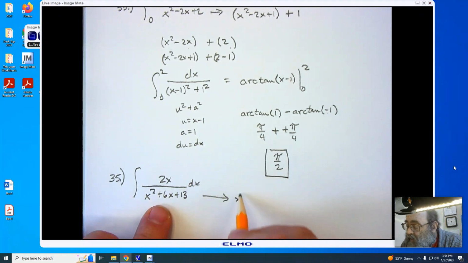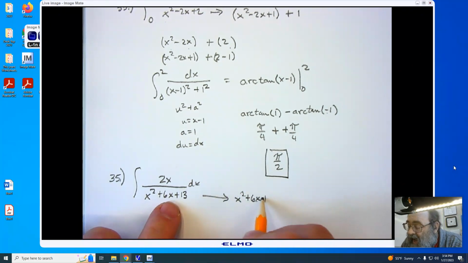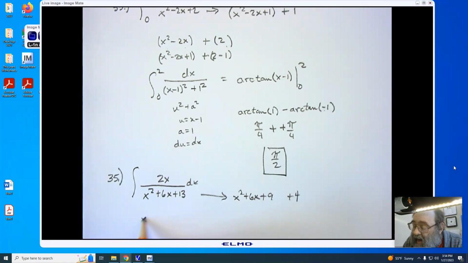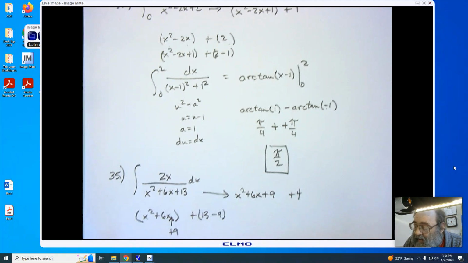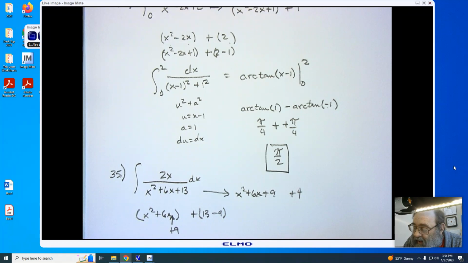Think about it as x squared plus 6x plus 9, leaving the remaining 4 to its side, or take the x squared plus 6x, you have then plus 13, and you're going to want to add 9 and subtract 9. This will give you x plus 3, the quantity squared, plus, and we're now looking at 2 squared.